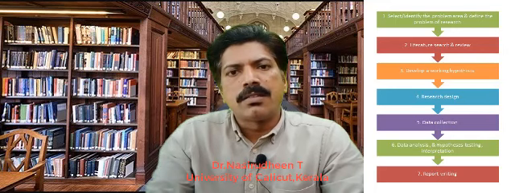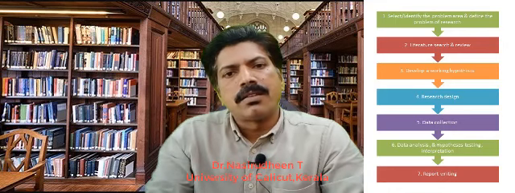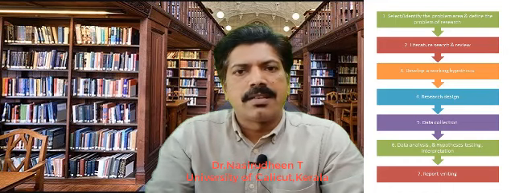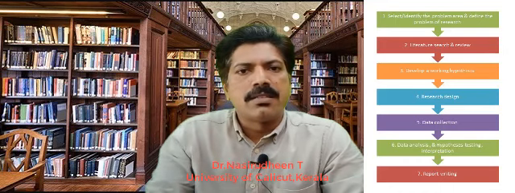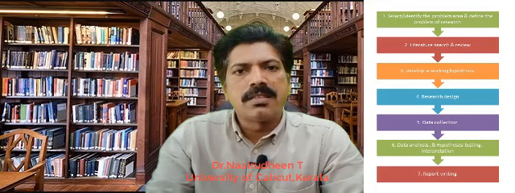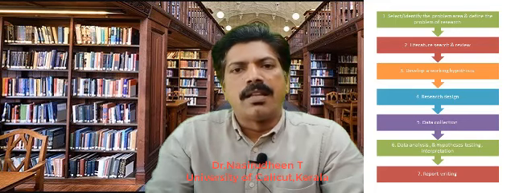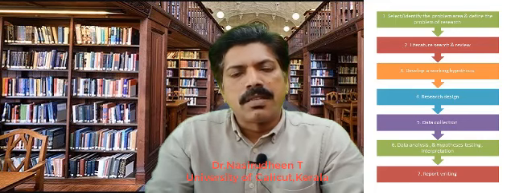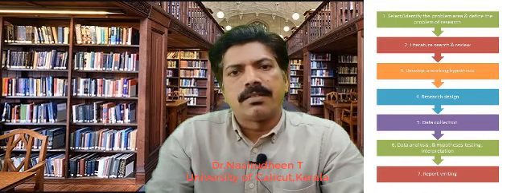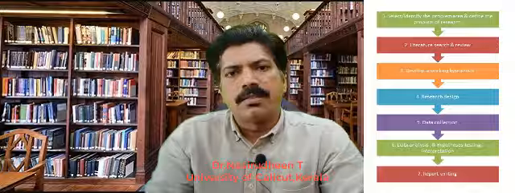Fourth one is developing a research design. Fifth one is data collection. Sixth one is data analysis and interpretation. And the last one is research report writing. Let us try to understand each one briefly.